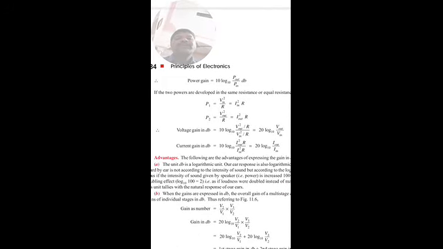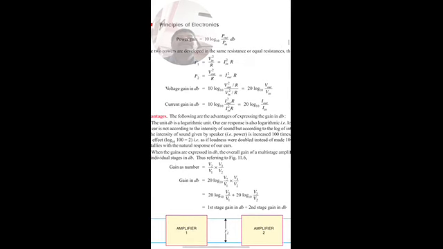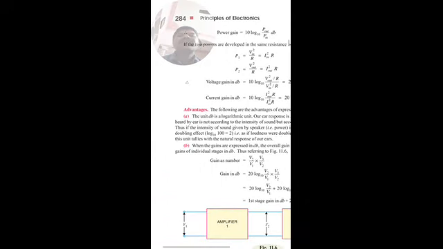So, advantages of expressing the gain in dB. dB is a logarithmic unit. Our human ears respond to sounds in logarithm scale. That is, the loudness of sound heard by our ear is not according to the intensity of the sound, but according to the logarithmic intensity of the sound.